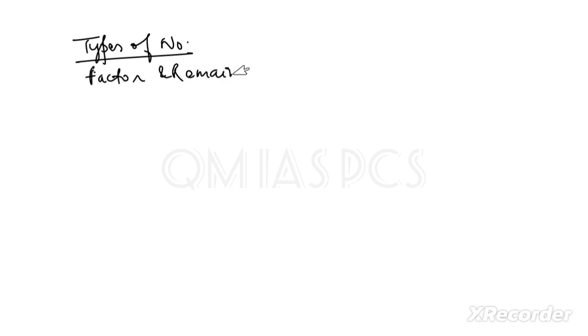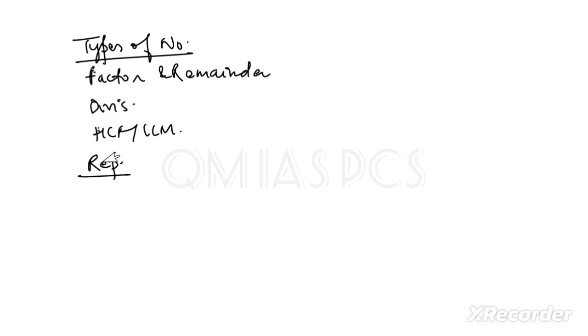Then the divisibility rule. Then HCF and LCM. And one thing I am forgetting here, what's that? Yes, representation of a number, of a digit, that is expanded form. So we have completed all 5 topics.